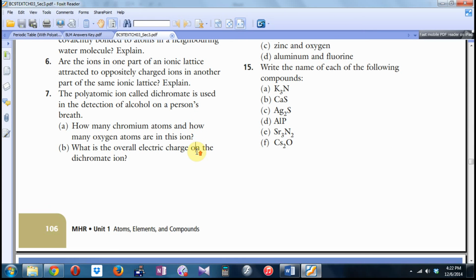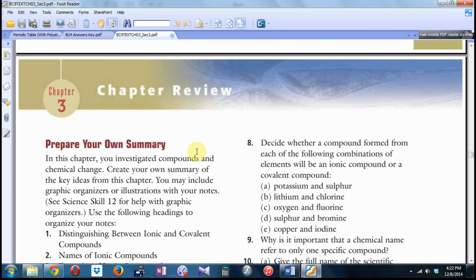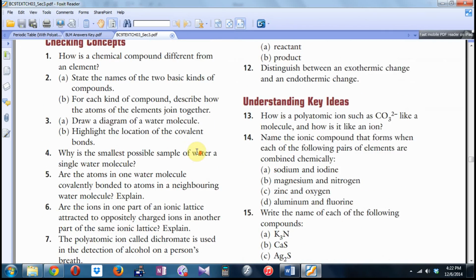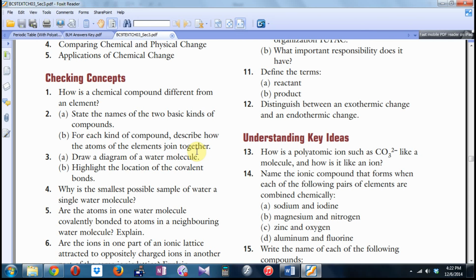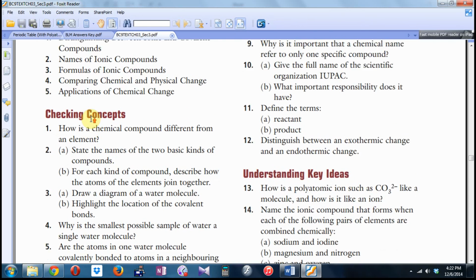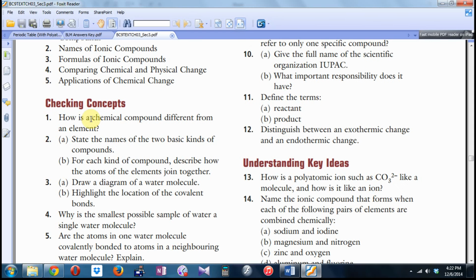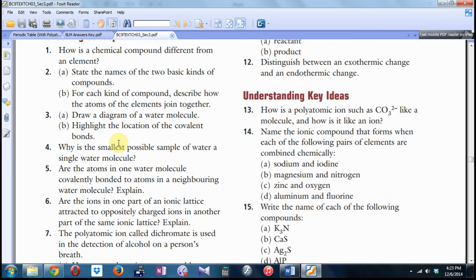So if you want more practice, there is a review for the chapter. It's in your textbook. It's on page 106. Questions that I like. Under checking concepts, sure, number 1. Number 2, you should know the difference between ionic and covalent. Oh, that's the answer to 2A. I'm not going to ask you to draw a covalent molecule, so don't worry about number 3.